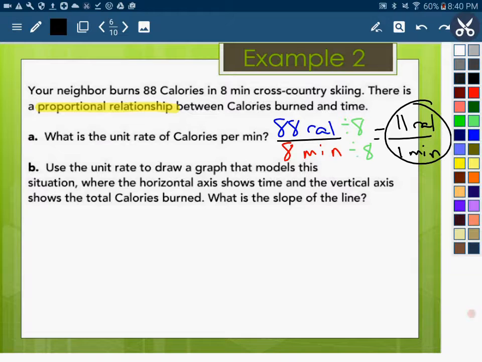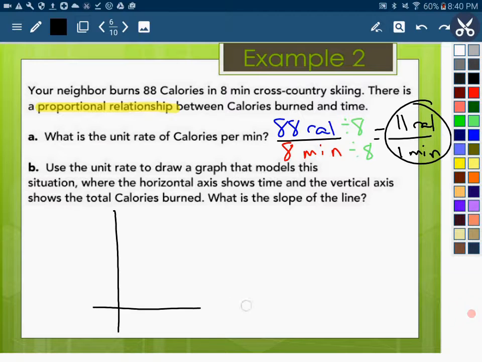Part B says, use the unit rate to draw a graph that models this situation, where the horizontal axis is time and the vertical axis shows the total calories burned. Now, I didn't provide a grid for this, so this might be a nice way for you to try to make a sketch. A sketch is just a rough drawing of a graph. So I'm going to sketch the graph.